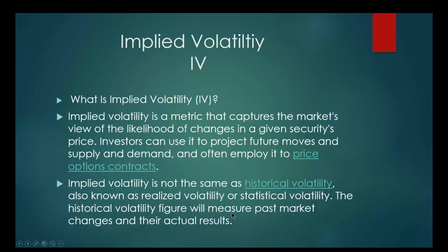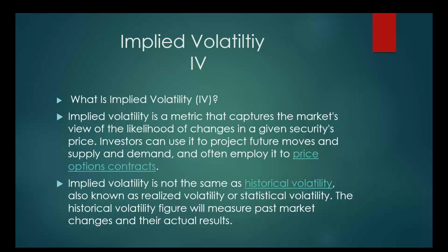Okay. Implied volatility is not the same as historical volatility. Absolutely not. Implied volatility is a measurement looking out into the future. Historical volatility is a data set of the actual volatility of the stock price itself in the past, also known as realized volatility or statistical volatility.